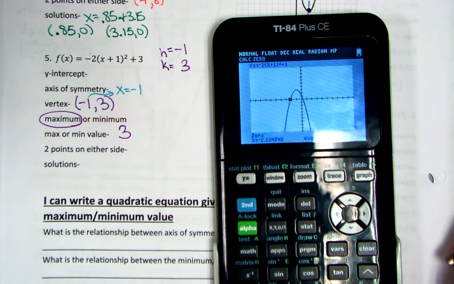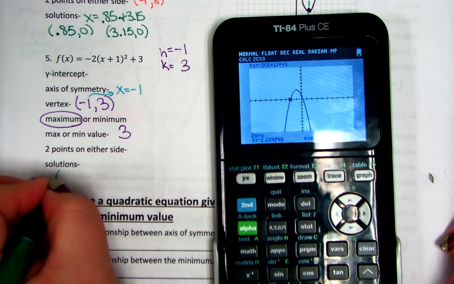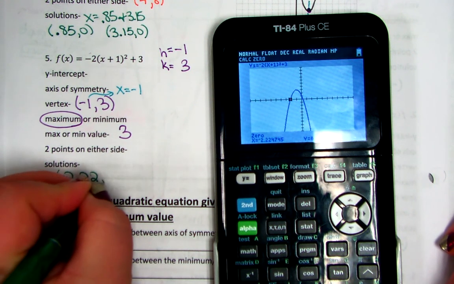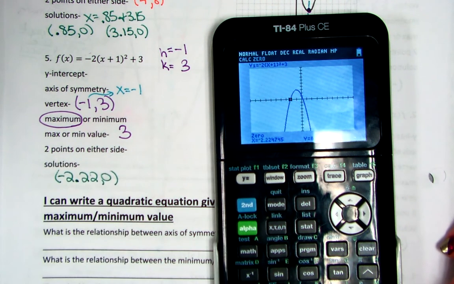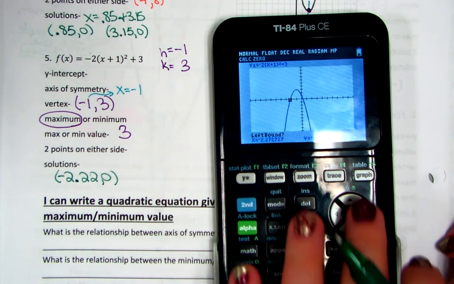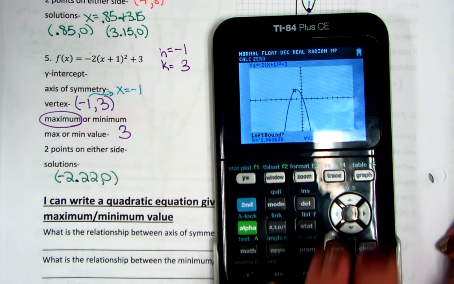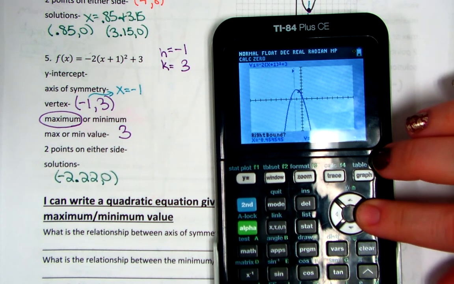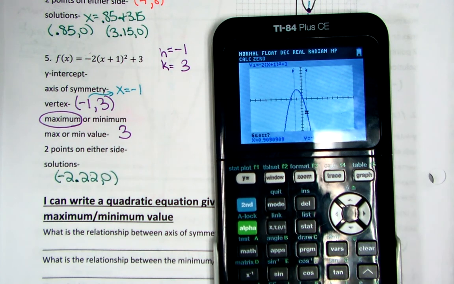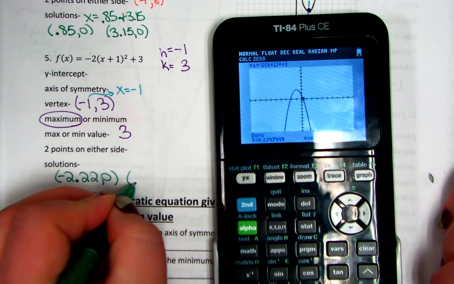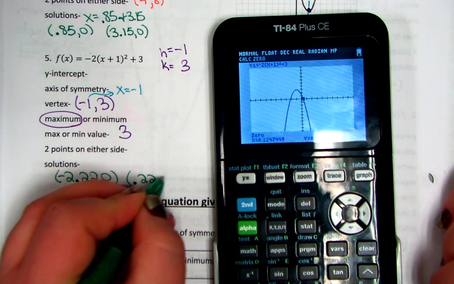And one of my zeros will be at -2.220. And then the second one, second calc, option 2, move past that left 0 that we had onto the left side, move to the right side of the second 0, and we get the second 0 happening at 0.220.